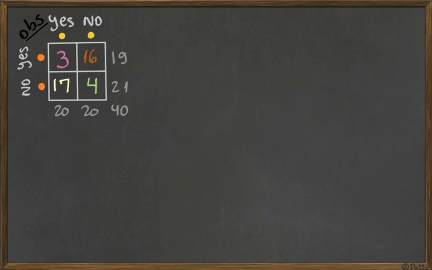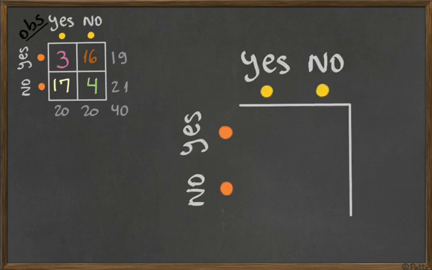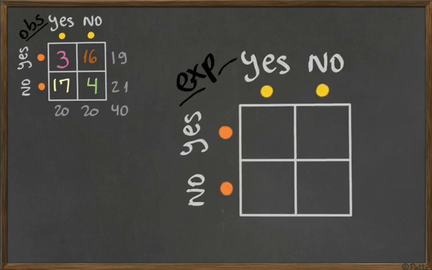To find out what would be expected by chance, if this was random, I add the columns over there again. For the expected yes and yes, where I expect both of them, what do I do?